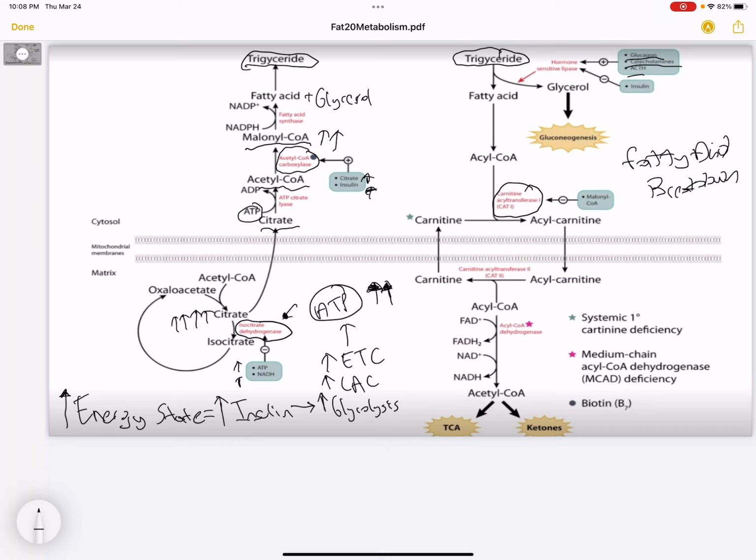And that is why in type 1 diabetics, when insulin levels are low, it is not going to be able to inhibit hormone-sensitive lipase. So then we're going to ultimately produce energy through the breakdown of fatty acids.